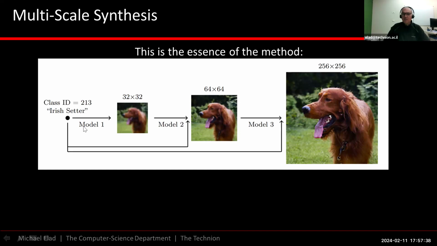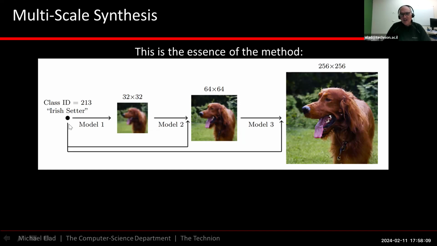The first model is a classic diffusion. Yes, it has an input that says, give me the class. So in this case, iris setter, so I need the specific dog, okay? But I'm generating an image. Once the image is generated, I'm taking it and I'm asking, what is the bigger image that corresponds to it? This is a super resolution problem. This is exactly the topic we will talk about in the last chapter, 2 weeks from now, when you talk about inverse problems. So we increase the resolution.